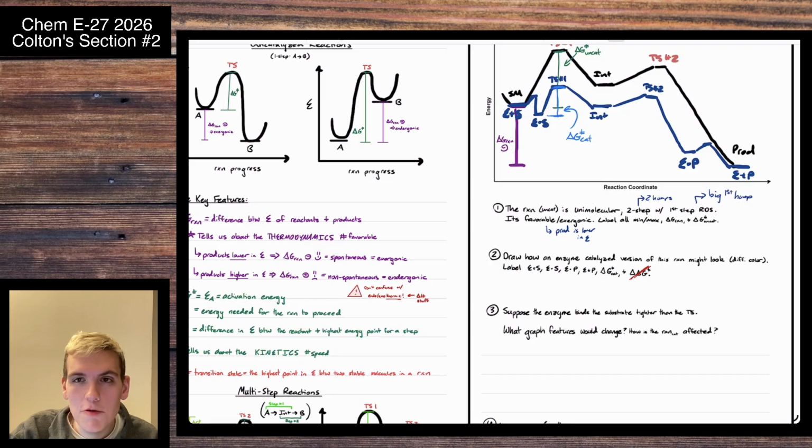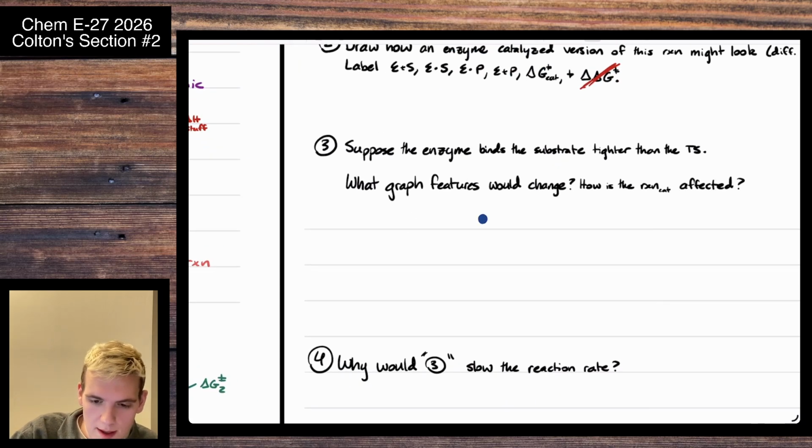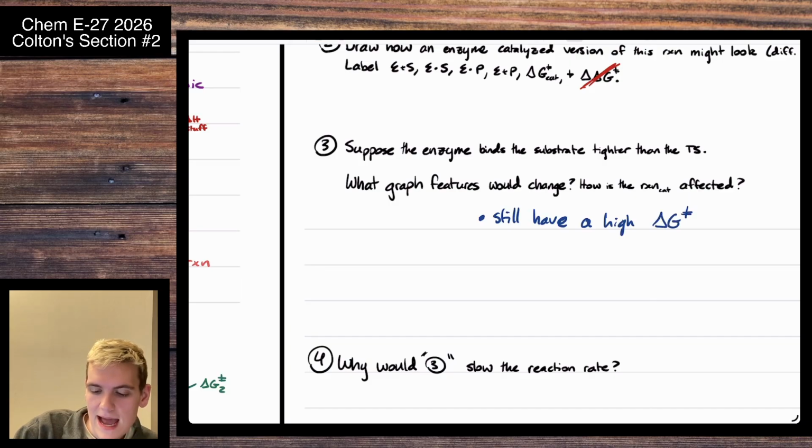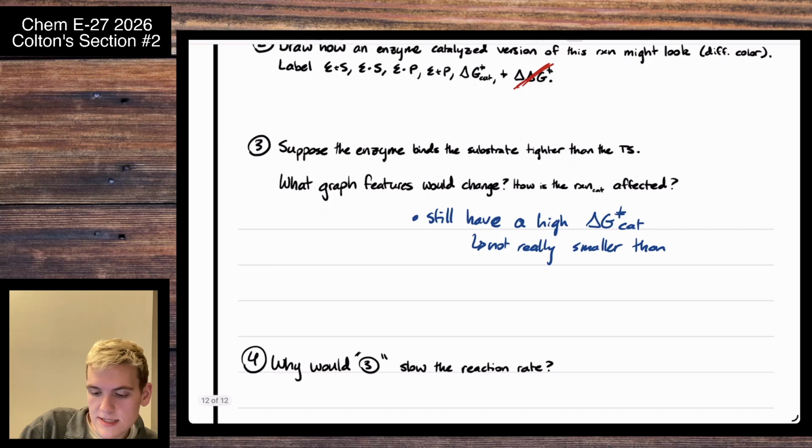But if it no longer does that, then we're probably still going to have a high delta G. And when I say delta G, I mean a high delta G double dagger cat, not really smaller than the uncatalyzed.